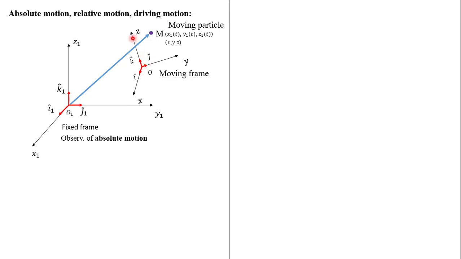It can have as coordinates x, y, and z. O will see the relative motion of point M. Okay, so the moving frame will observe or see the relative motion, whereas the fixed frame will see the absolute motion.